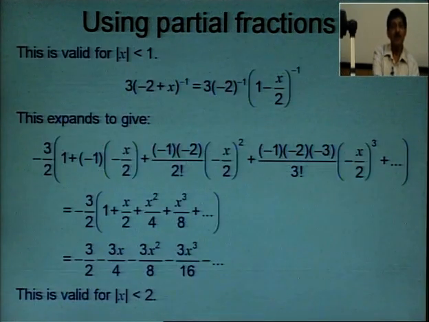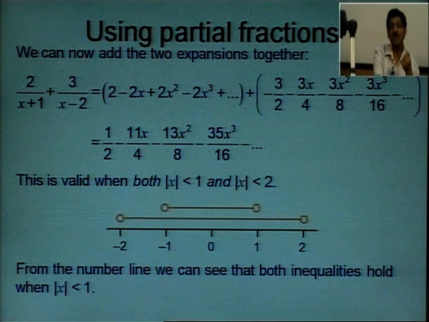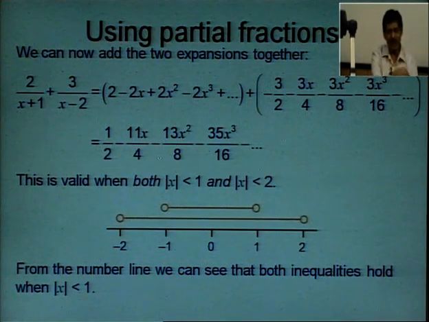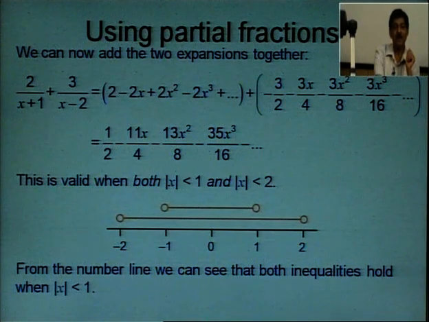So, ultimately you will get the final answer as 2 upon x plus 1 plus 3 upon x minus 2 is equal to, this was the expression for the first term, essentially the same, 1 minus x plus x square minus x cube, and that for x minus 2, minus 3 by 2 and so on, and this is equal to half minus 11 by 4 x plus and so on, and this is the validity of this expansion, means you can see with the help of these yellow lines that the expansion is valid for mod x less than 1 and mod x less than 2.